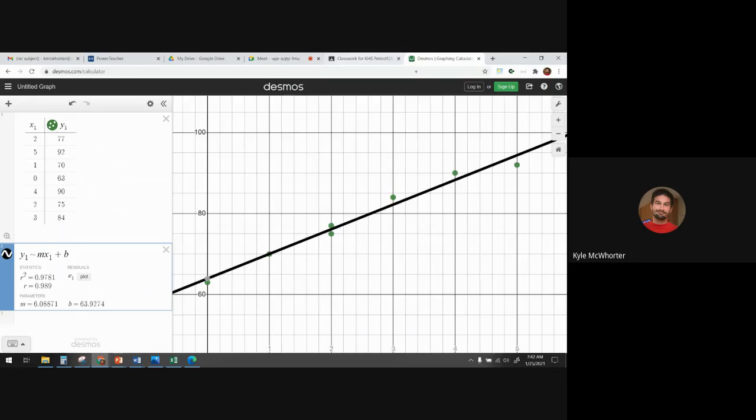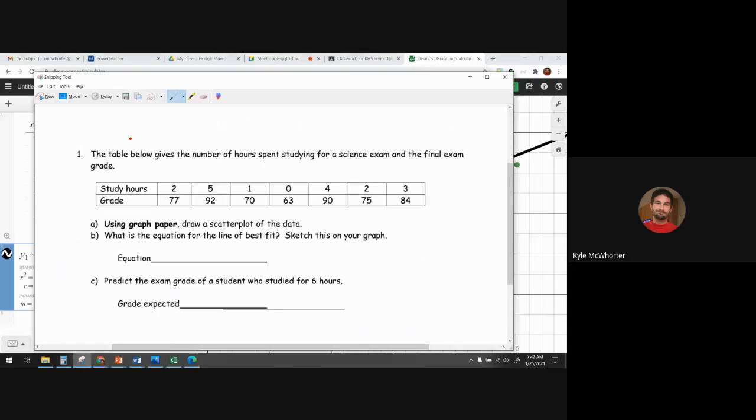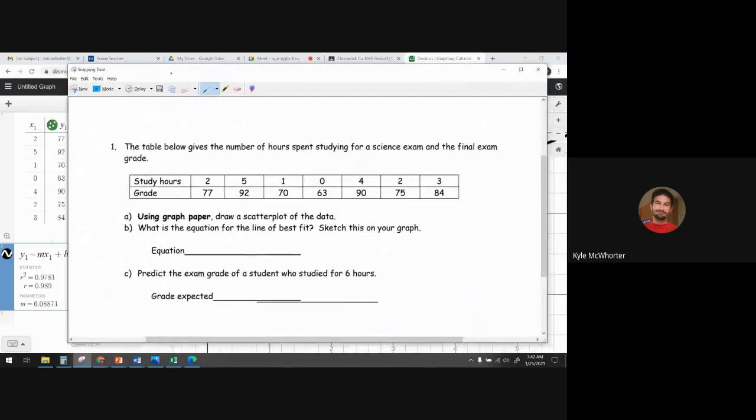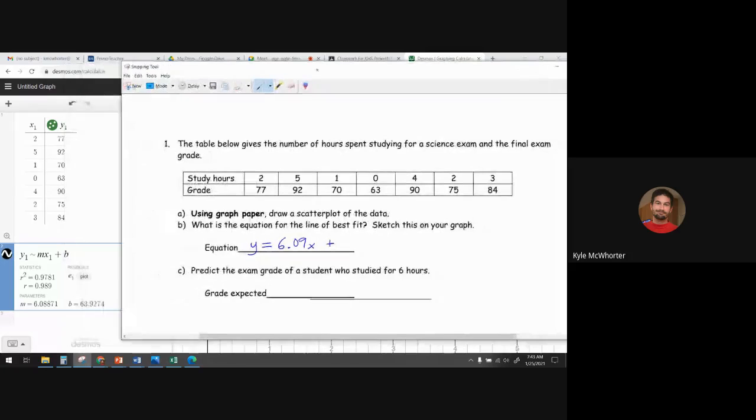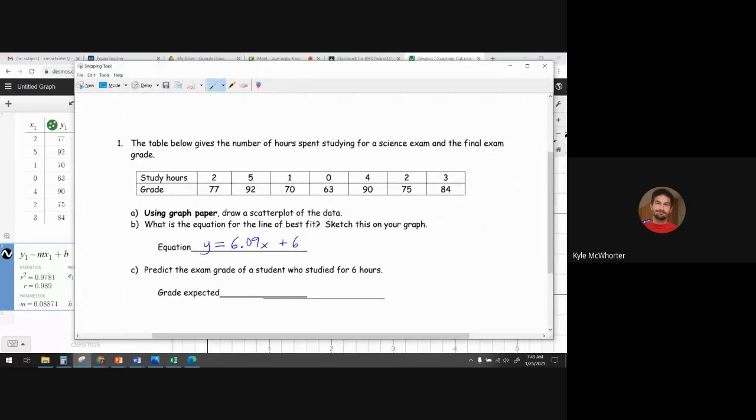So y equals mx plus b, where m is 6.09 and b is 63.93. So there's our equation, and then the question says: predict the exam grade of a student who studied for 6 hours.